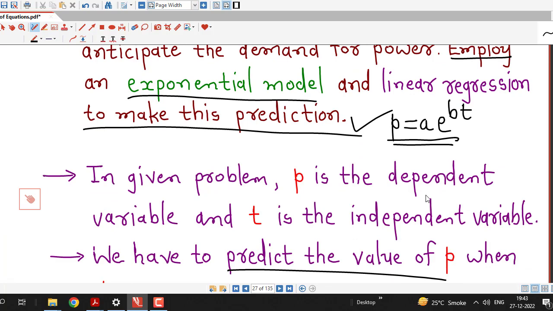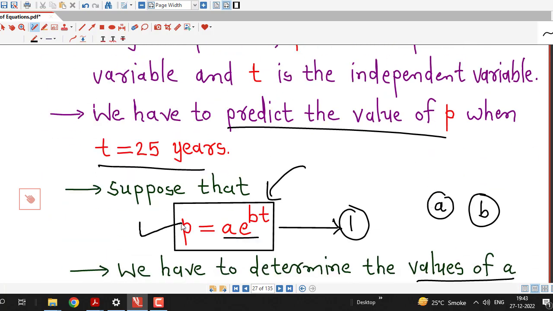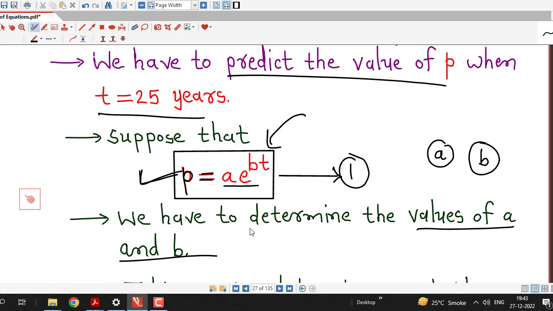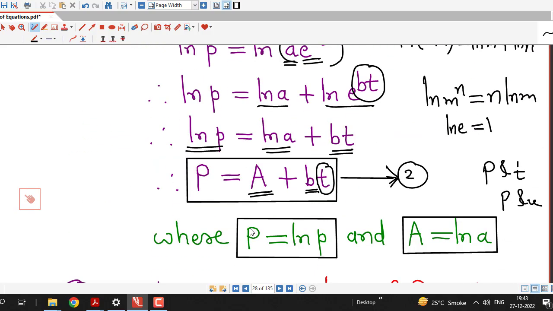What we are doing here is we started by assuming that the functional relationship between population and time t is exponential, and we assume it as small p equal to a times e raised to bt. Now taking logarithm, we find this line of capital P on t, and if we use this line then also it is fine, but to reduce our calculations, we are changing our variable from t to u by considering u equal to t minus 10 divided by 5.